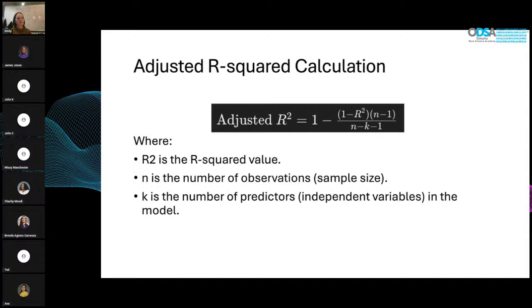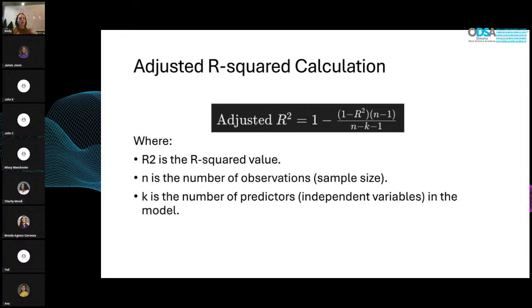Not every piece of data that we add will be informative to the model's prediction. Sometimes we're going to add features that don't really add a lot of information to what the model is predicting. And that's what goodness of fit is measuring: how good is the fit of the features that you put into your model, in terms of how they are adding value to what it's actually predicting?